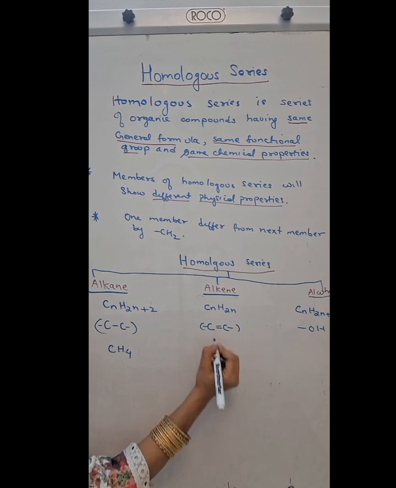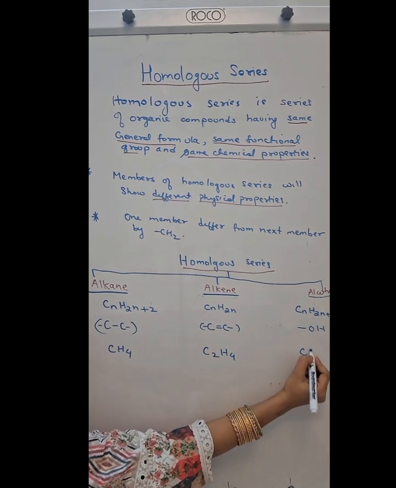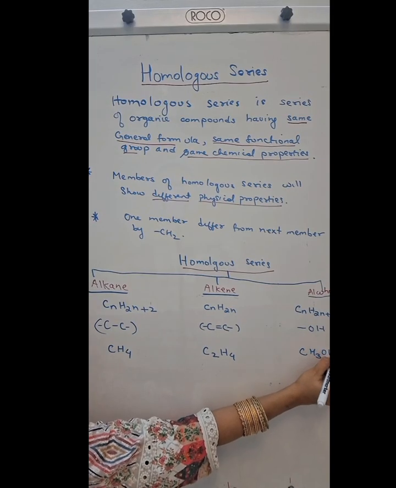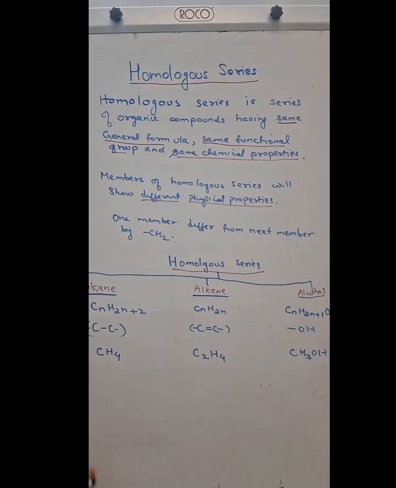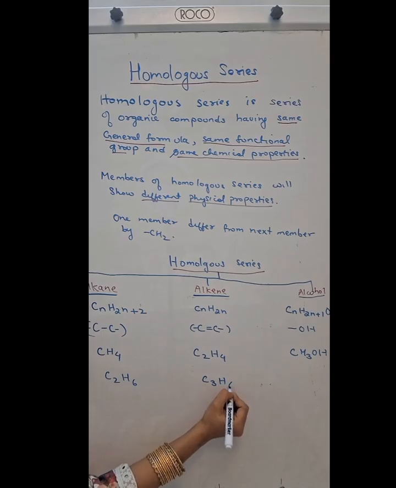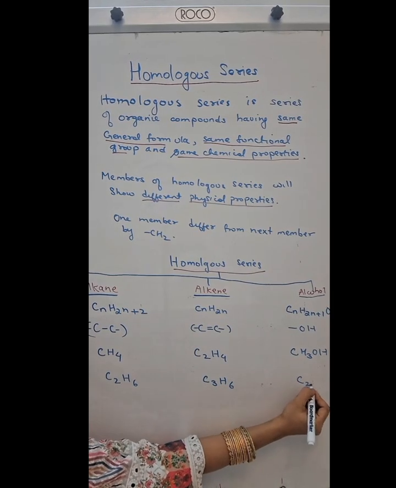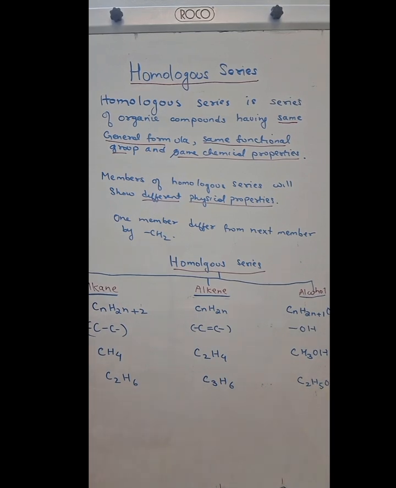Similarly, the first member of alkene is C2H4 and the first member of alcohol is CH3OH. The second member: two-carbon alkane is C2H6, the second alkene is C3H6, and the alcohol is C2H5OH.